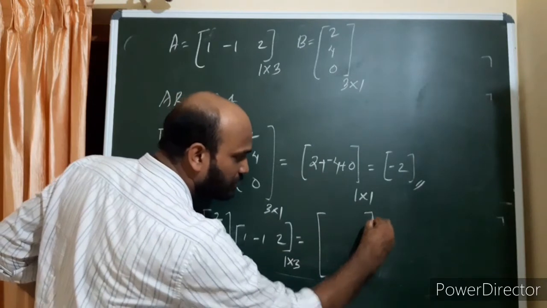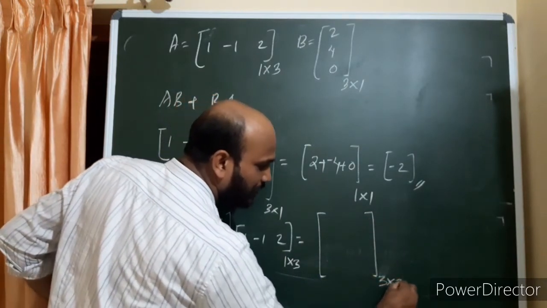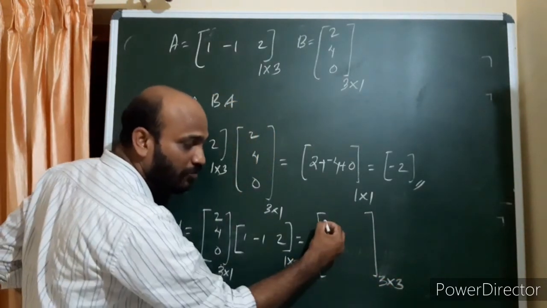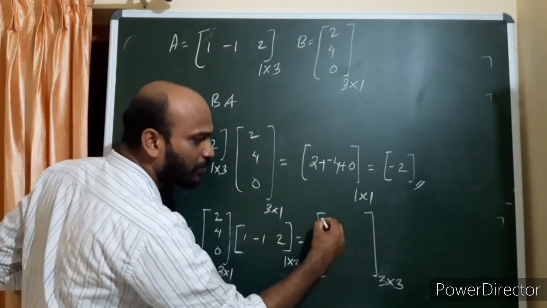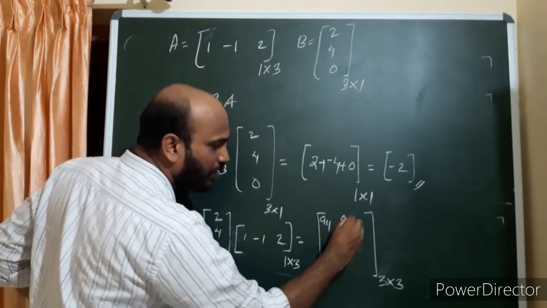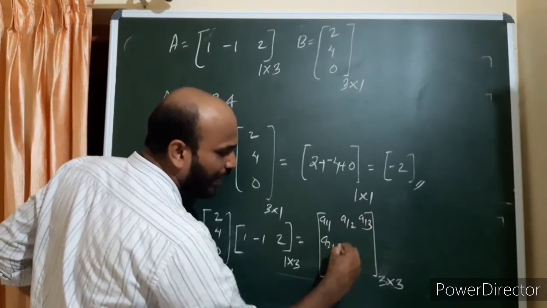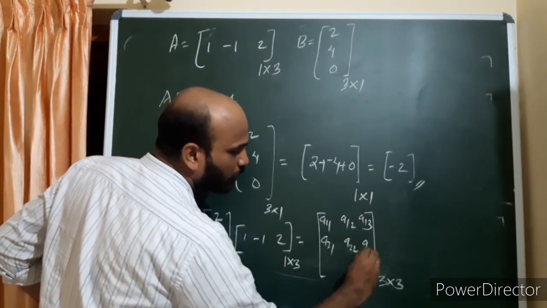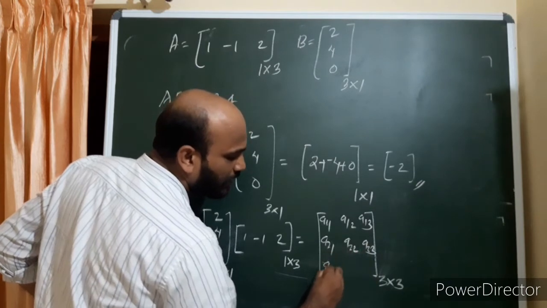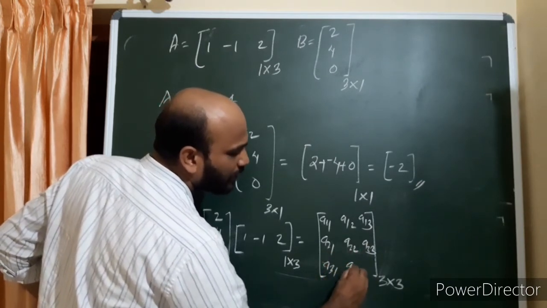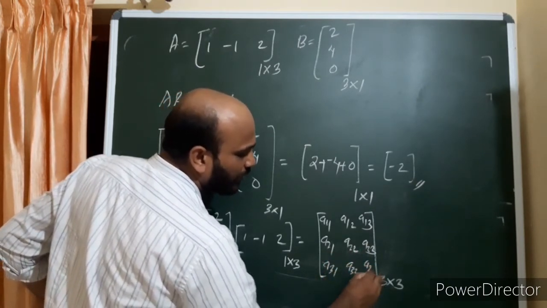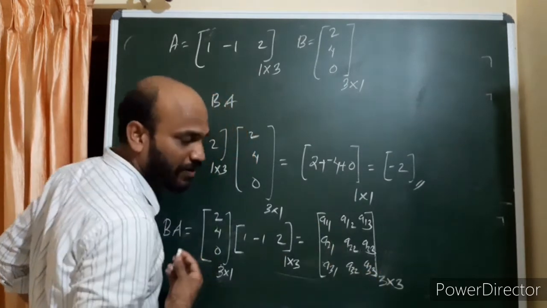The order of the resultant matrix will be 3 by 3. That means you have to find A11, A12, A13, A21, A22, A23, A31, A32, A33. 9 elements you have to find.